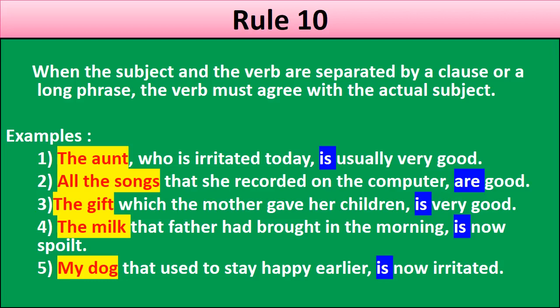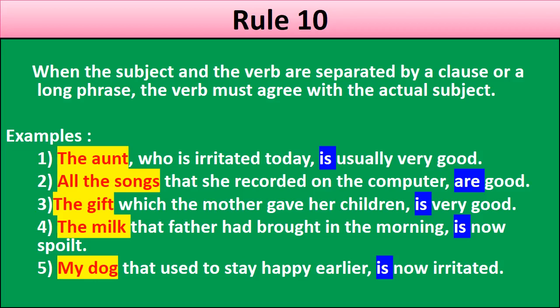Next rule is, when the subject and the verb are separated by a clause or a long phrase, the verb must agree with the actual subject. For example, the aunt who is irritated today is usually very good. So here the subject is the aunt, which is singular.